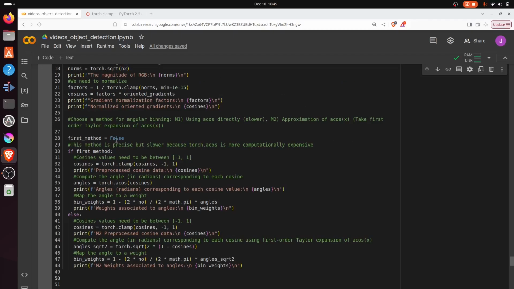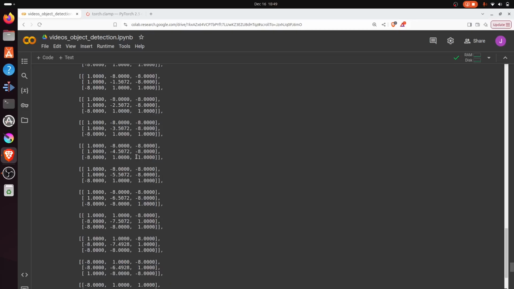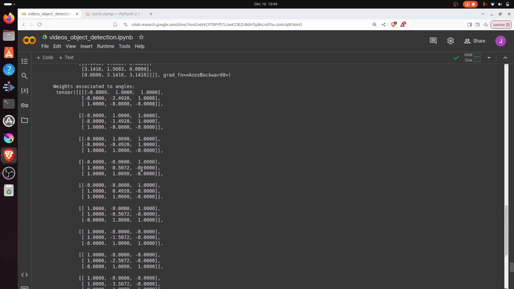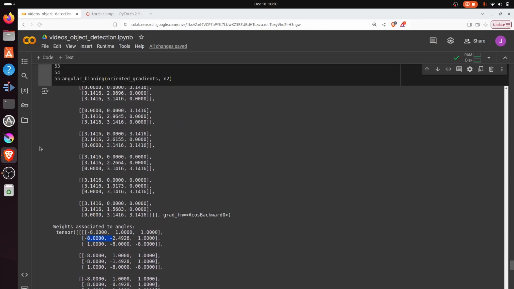And if you have a look here, and instead of selecting the second method, we select the first, you're going to see as well that we also get negative values. So this is telling us that we need to preprocess the weights further, because we cannot be dealing with negative bin weights.